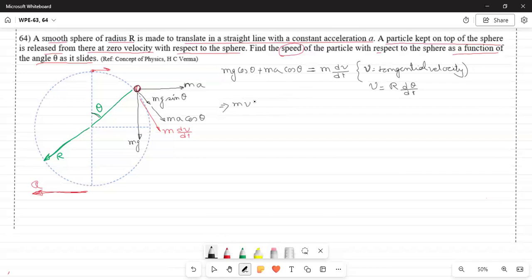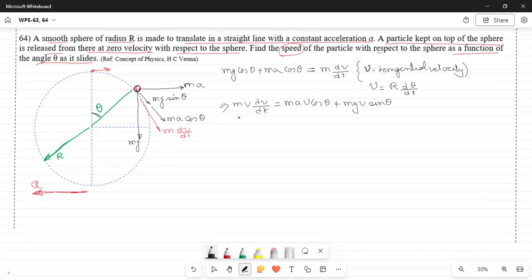M v dt is equal to m a v plus m g v sin theta.